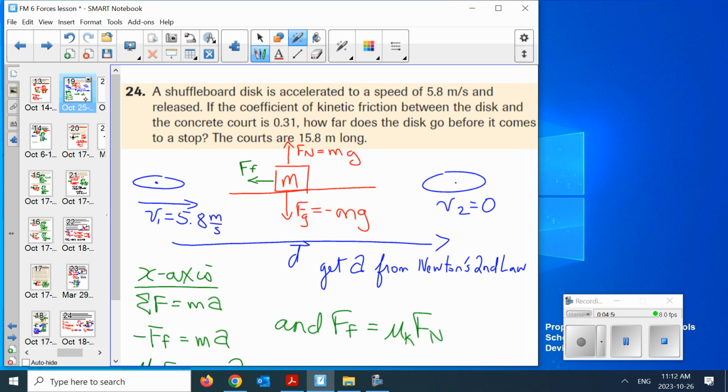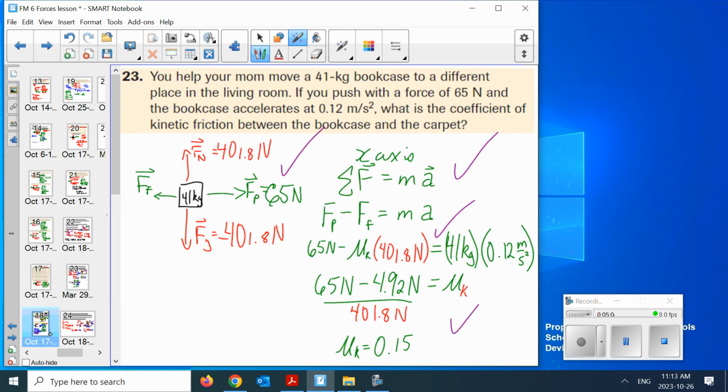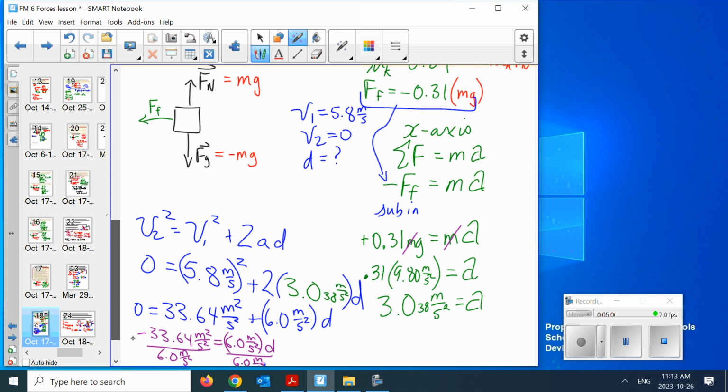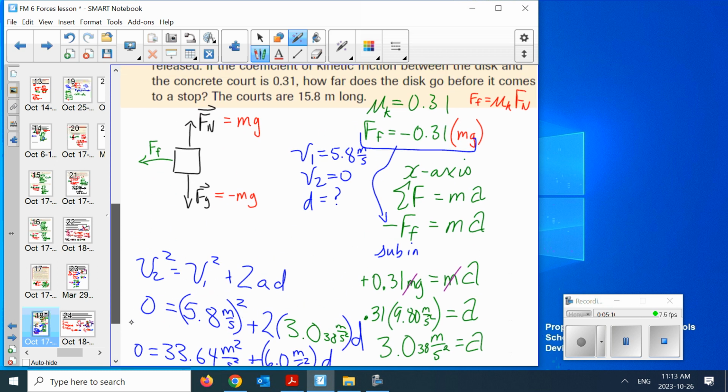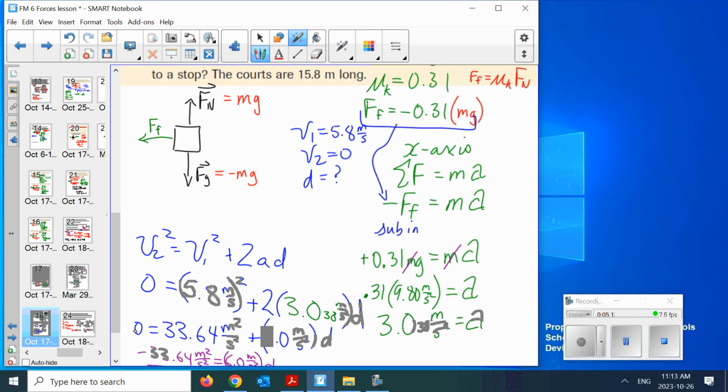Shuffleboard disc. Okay, I started out this way the other day, and I had you guys do it. I'm going to flip back though, because I actually haven't fully worked it out here. If you recall, the other stuff I figured out the other day, and I left you with finding the acceleration.